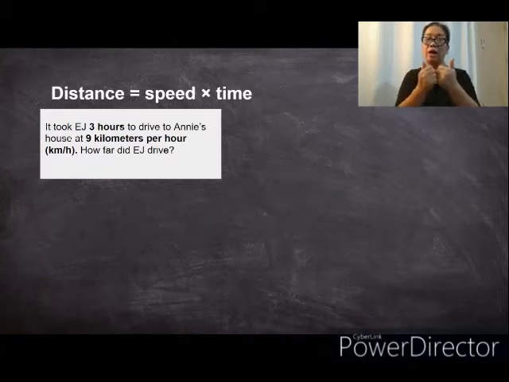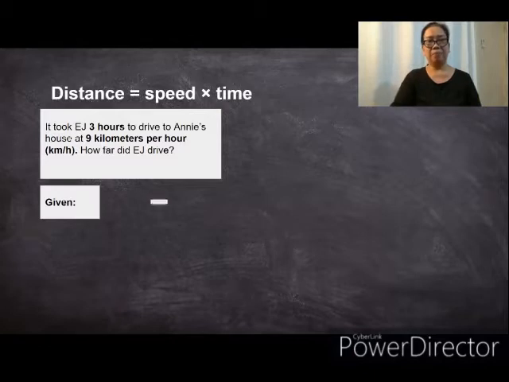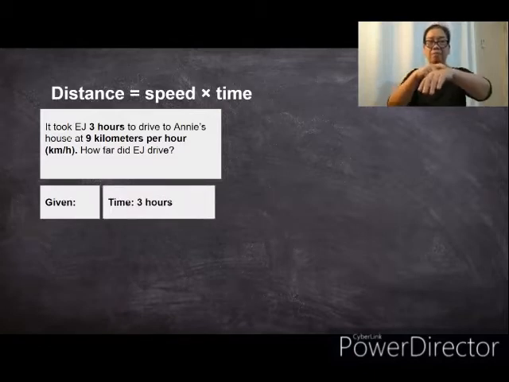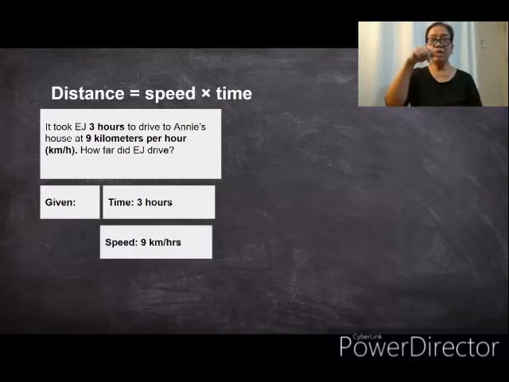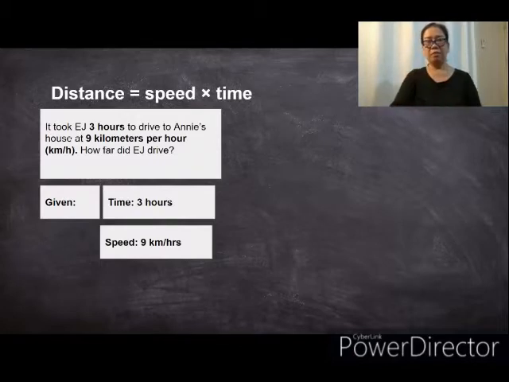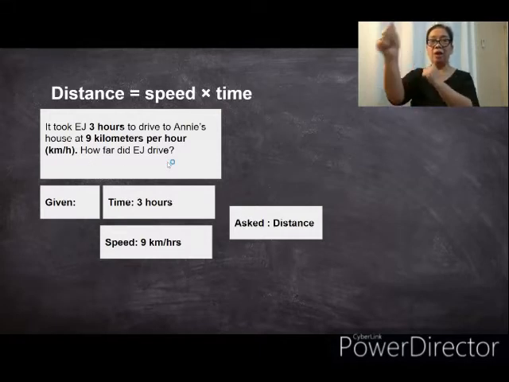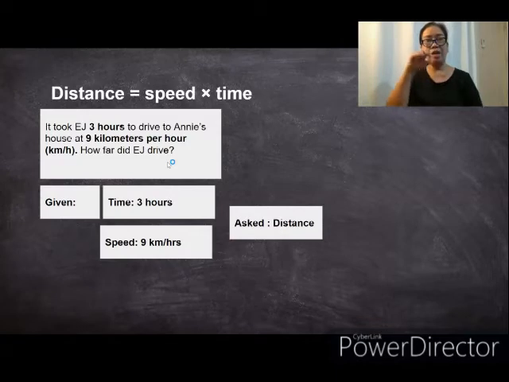So, what you are going to do is find what is given. And here, the given is the time. Time is 3 hours. And speed is also given. And here, the speed is 9 kilometers per hour. Now, what is asked? Asked is about the distance. It says here, how far did EJ drive?